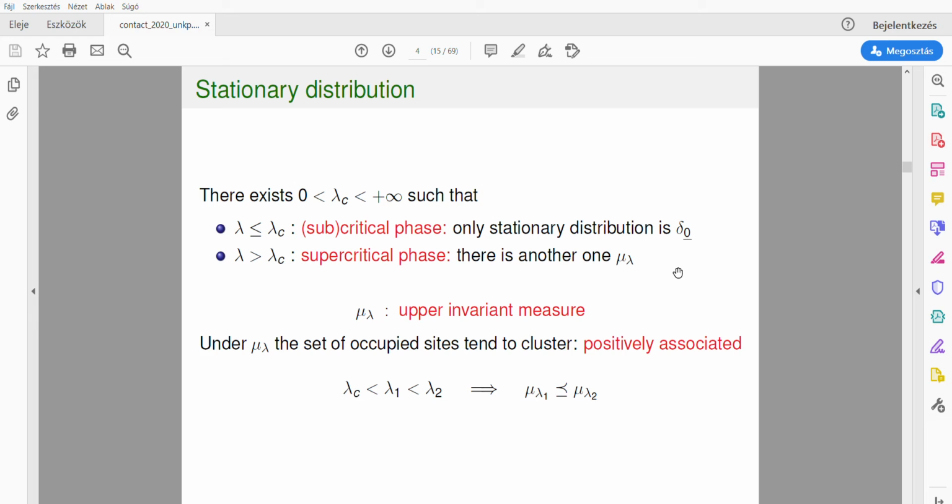If there are two possible infection parameters, lambda 1 and lambda 2, then the upper invariant measure of the contact process corresponding to the infection parameter lambda 1 is going to be stochastically dominated by the upper invariant measure corresponding to the infection parameter lambda 2. Well, intuitively this is clear. If the infection parameter is bigger, then there are going to be more infected people under the invariant measure.